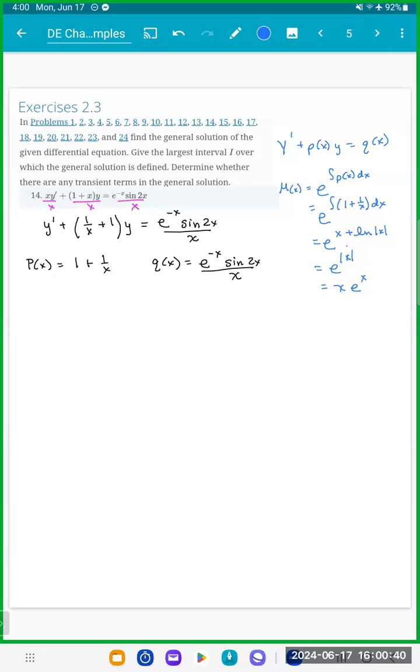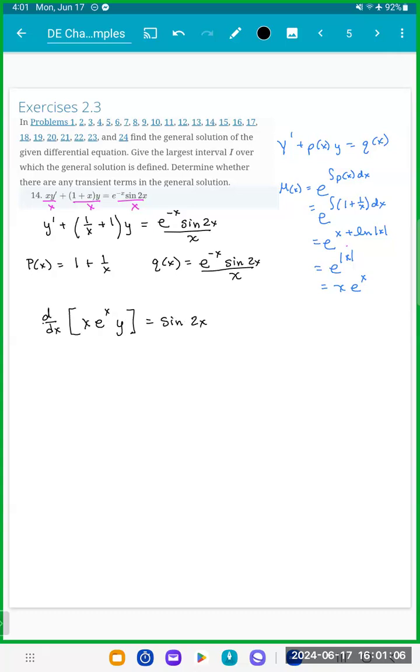Okay. So now we can use that to plug into our problem here. So we have d/dx of x e to the x times y is equal to the sine of 2x.